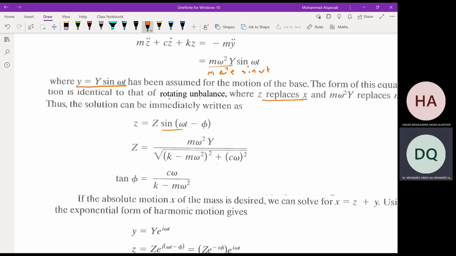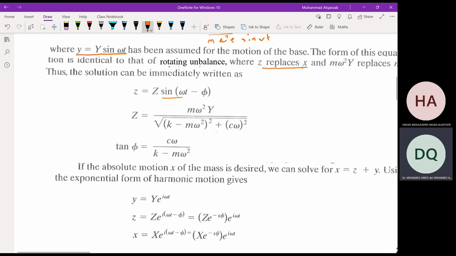It's going to be a sine wave, and Z is the amplitude. The amplitude of the relative motion displacement is m omega squared Y over the square root of (k minus m omega squared) squared plus (c omega) squared, and the phase is tan phi equal to c omega over (k minus m omega squared), as we did before.